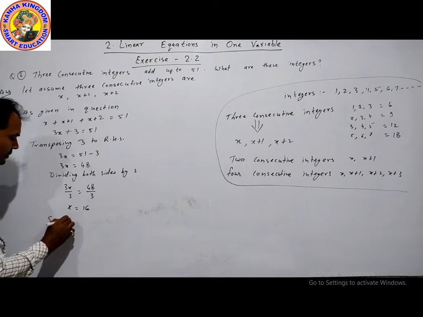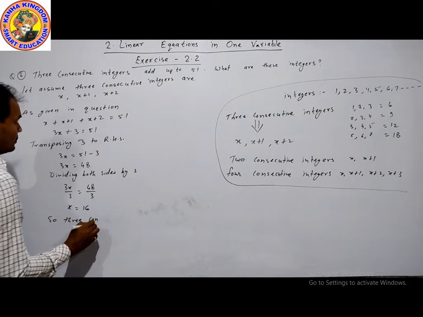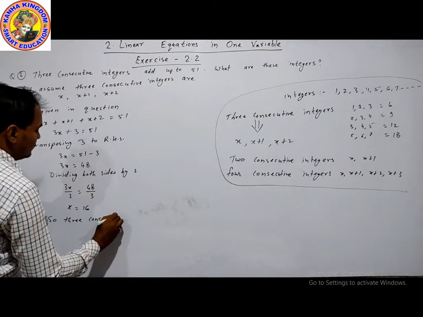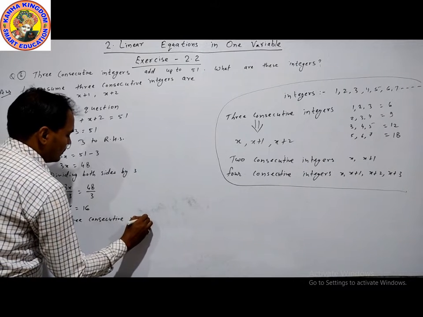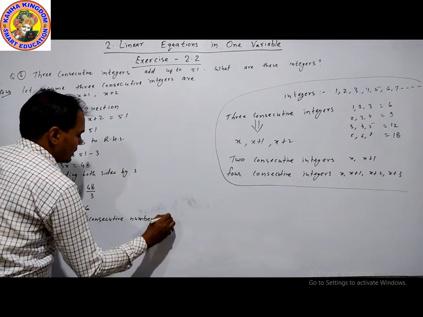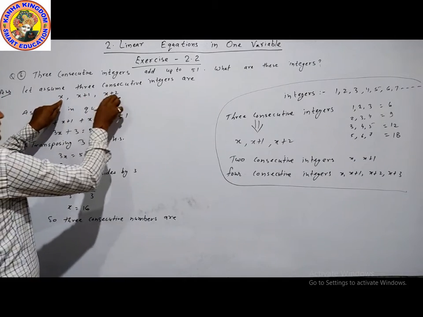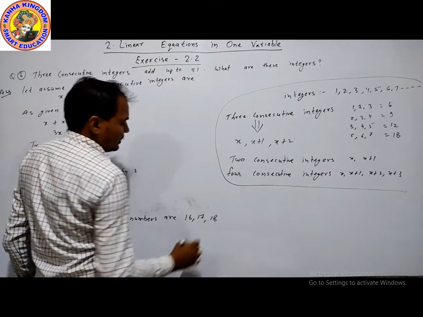So the 3 consecutive numbers are, x is 16, so 16, 17, 18.